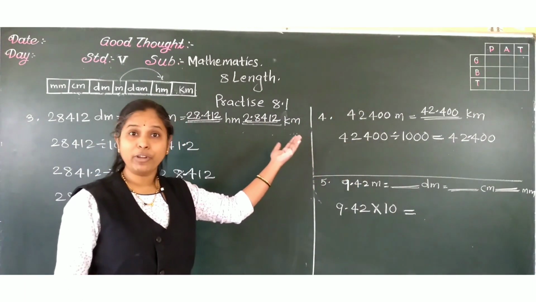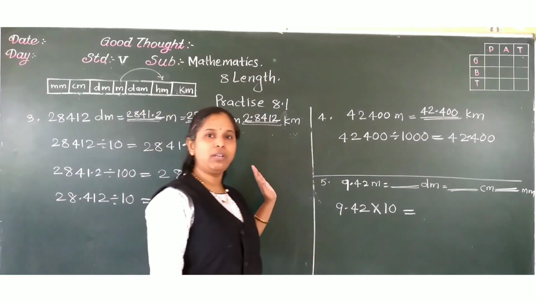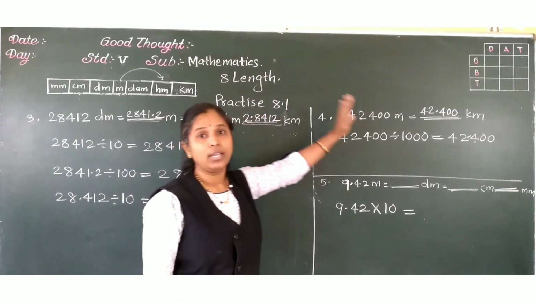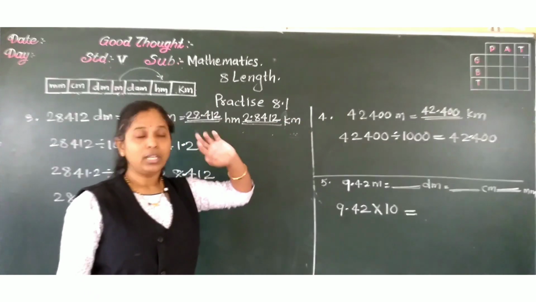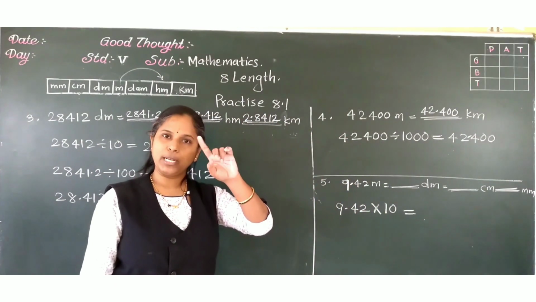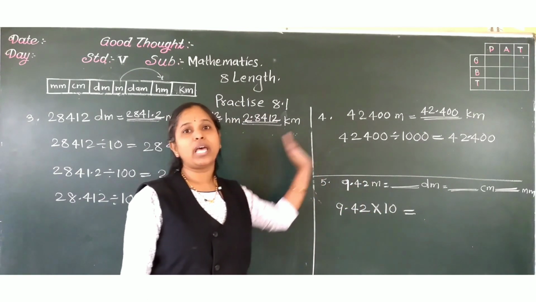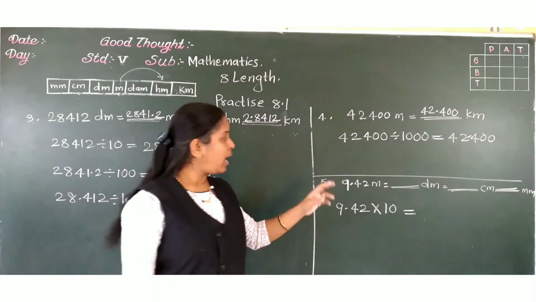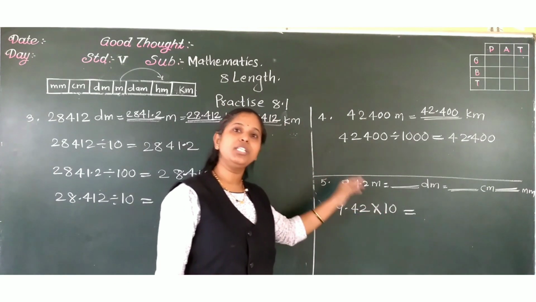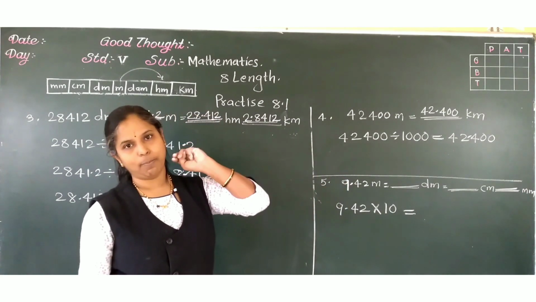While in division, we shifted the decimal to the left side. Multiplying by 10 means shift right by 1 place. Multiplying by 100 means shift the decimal point to the right by 2 places. And multiplication with 1000 means shift the decimal point to the right by 3 places.